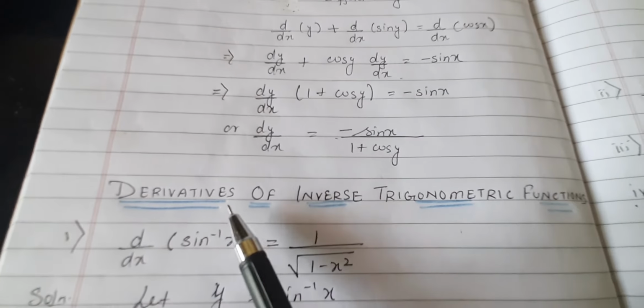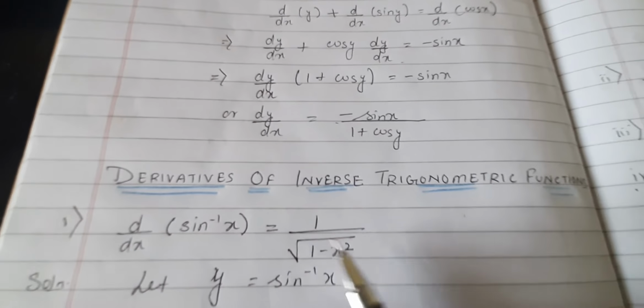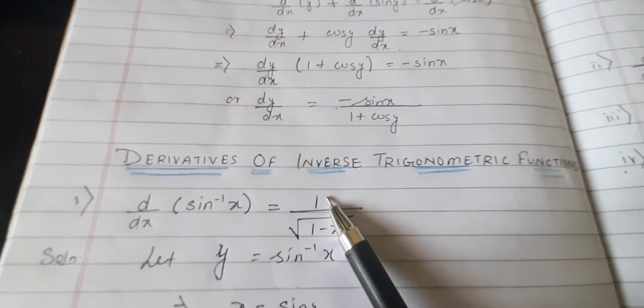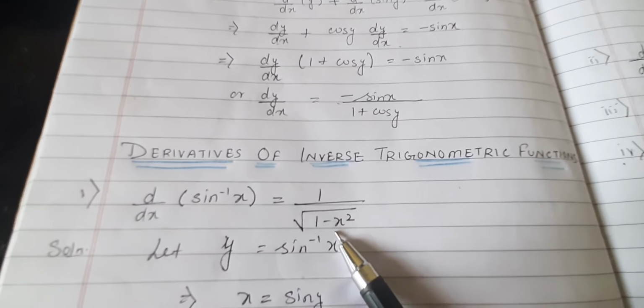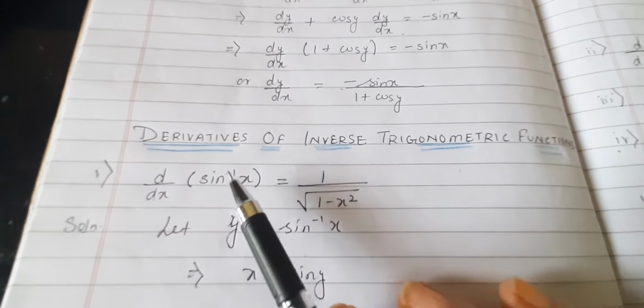Now we will do some derivatives of inverse trigonometric functions, how to find them. So first is sine inverse x. I have given you the derivation here. Derivative of sine inverse x is 1 upon root 1 minus x squared. So how to do it? We'll say let y is equal to sine inverse x, then x is equal to sine y.